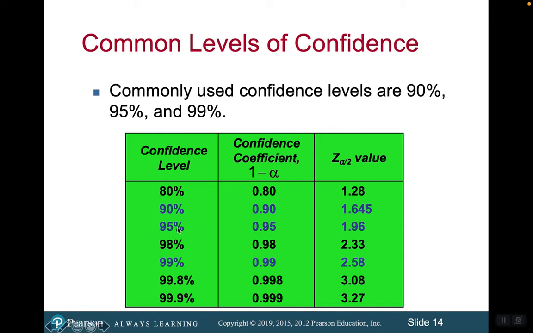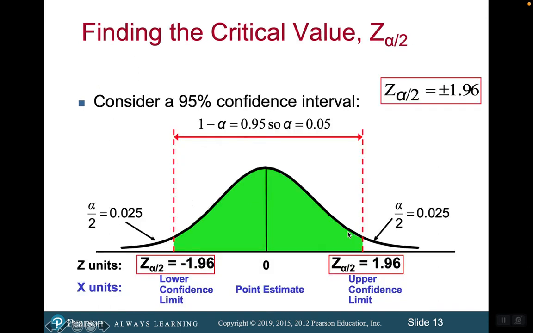So a 95% confidence interval will translate to a 1.96 z value. So it'll be a plus 1.96 on the right side of the curve, and a minus 1.96 on the left side of the curve, the left side being the lower confidence limit and the right side being the upper confidence limit.